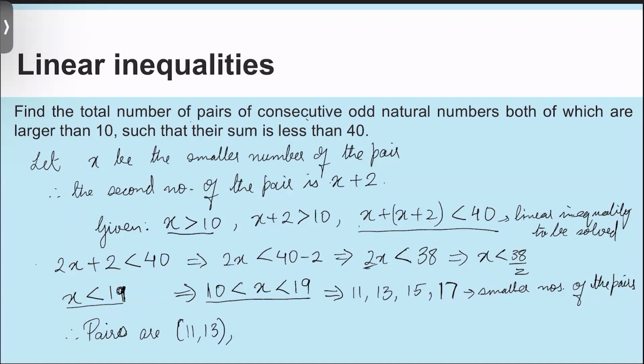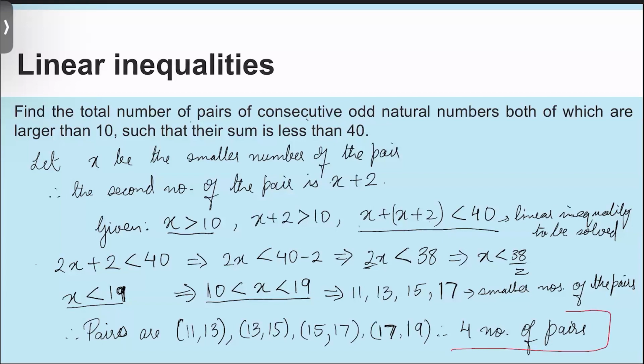Then the other pair is going to be 13 and 15, considering 13 as the smaller number of the pair. Then similarly, the other pair is going to be 15 and 17. And the last pair, the smaller number is 17, so your X is going to be 17 and the other number of the pair is 19. So therefore you have 4 pairs. Okay, so we had to find the total number of pairs, and we have 4 pairs.